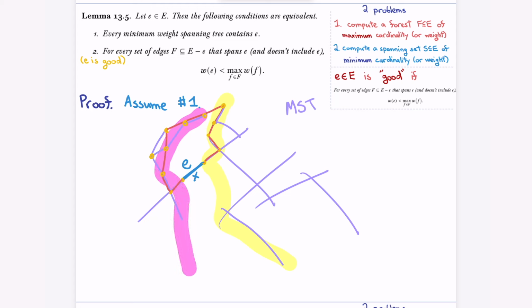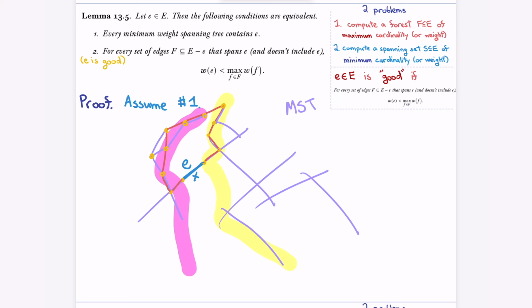So you split your tree into two components, and that red path that spans E starts on one side and ends on the other. It starts on one side of a river, ends up on the other side of the river. At some point, it must cross the river, right? So there must be some edge going from one side of the tree to the other.